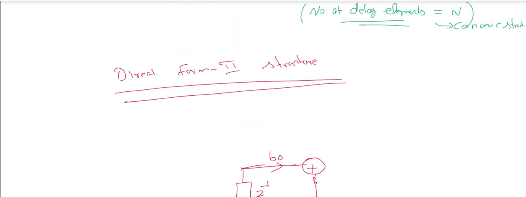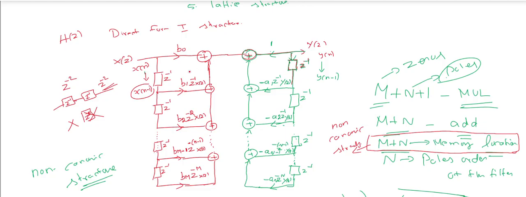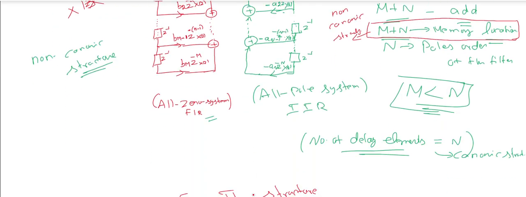So same structure: B naught, B1, B2, up to Bm minus 1 with Z inverse, then the last one is Bm. These are the feed forward coefficients, FIR coefficients, all zero coefficients.